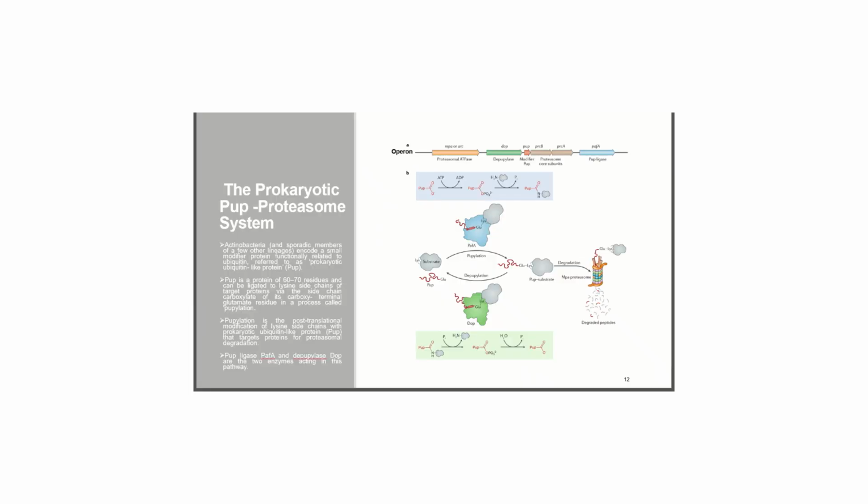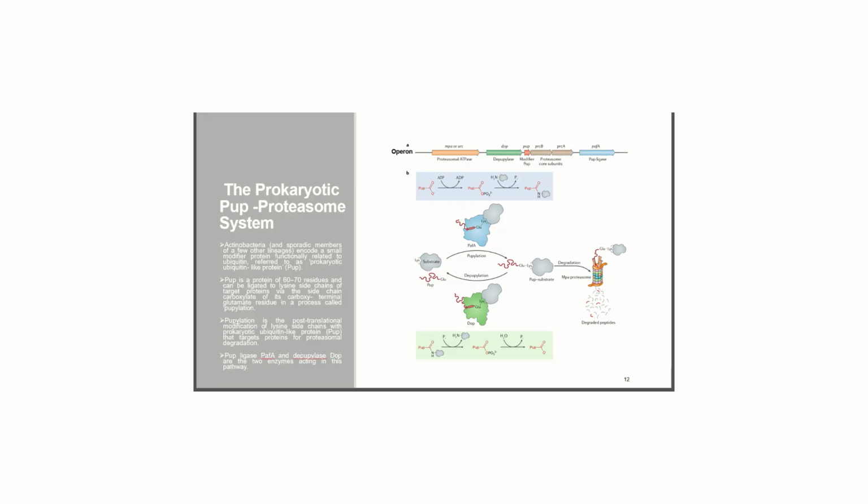One of the systems that is used in prokaryotic cells for post-translation modification is the prokaryotic proteasome system. This is found in some types of bacteria, especially the actinobacteria, and this encodes a signal modifier protein that is functionally related to ubiquitin.